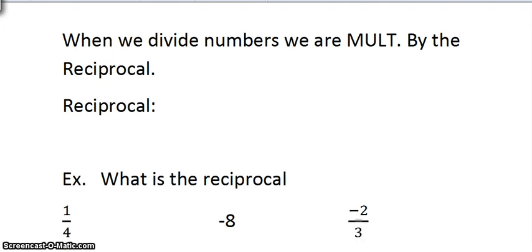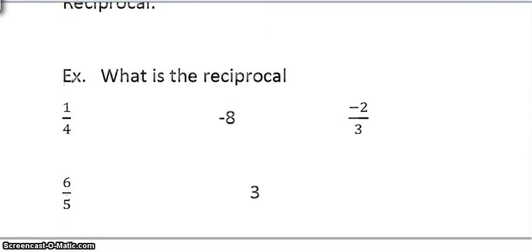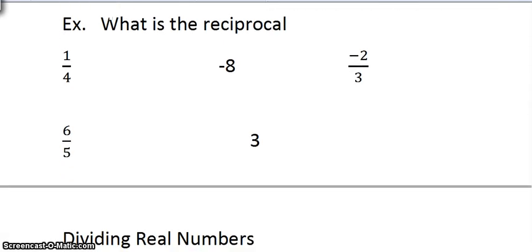Now, one thing that's key for you to remember is when we divide numbers, we are really multiplying by the reciprocal. Let's look at some examples. If I have 1/4, the reciprocal of 1/4 is 4 over 1. If I have -8, just to make it easier for me to see, I'm going to put that over 1.